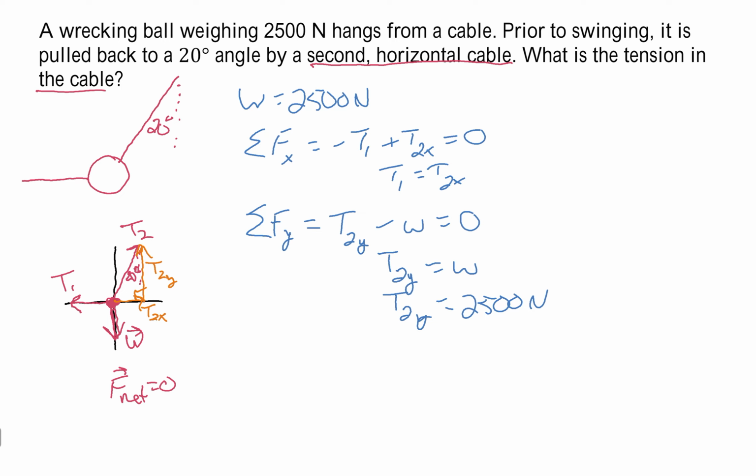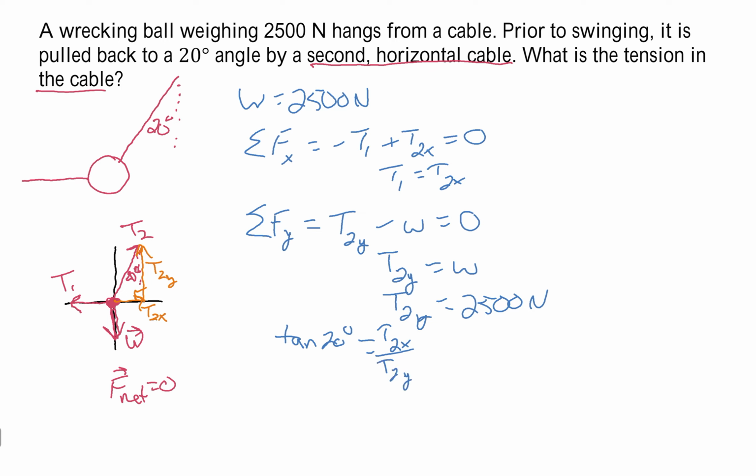So what we want to do now is just use some trig and figure out the length here. So I have this angle, that's my reference angle. I'm looking for the opposite side then, and I know the adjacent side. Opposite side, adjacent side, that's TOA, so I need tangent. So I have tangent of 20 degrees equals the opposite side, which is T2x, over the adjacent side, which is T2y, which is 2,500 newtons.